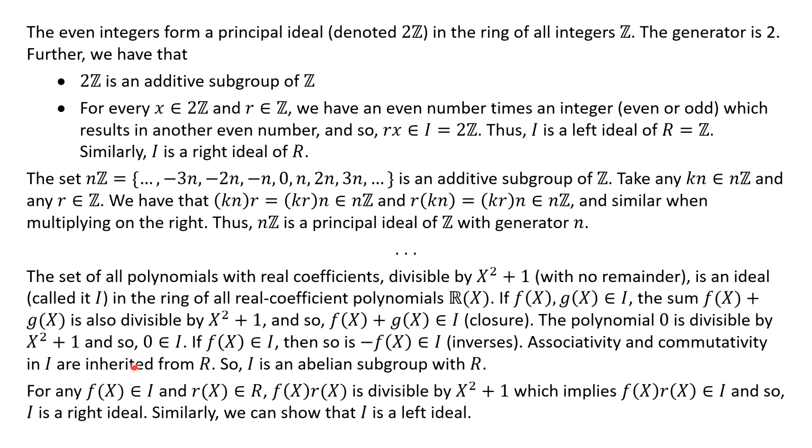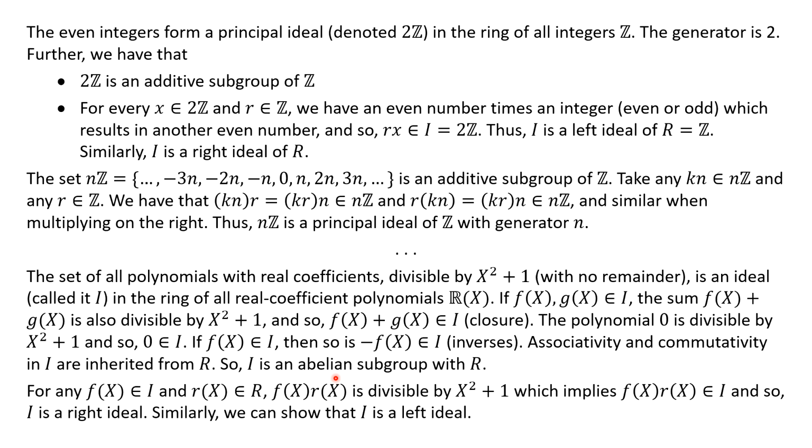Associativity and commutativity in I are inherited from R[x], the set of polynomials with real coefficients. So I, our proposed ideal, is an abelian subgroup in R[x], our ring, and then we just need to show the absorbing property. We can do it on the right or the left.